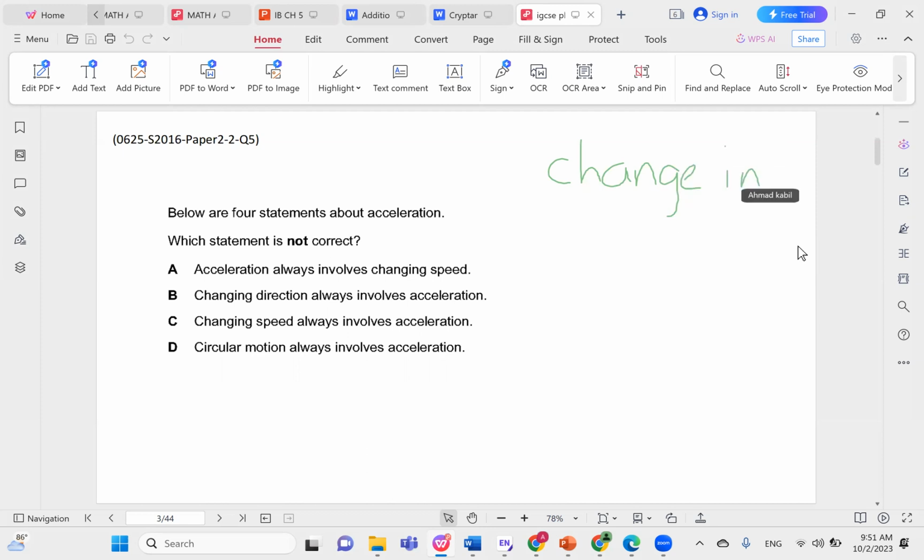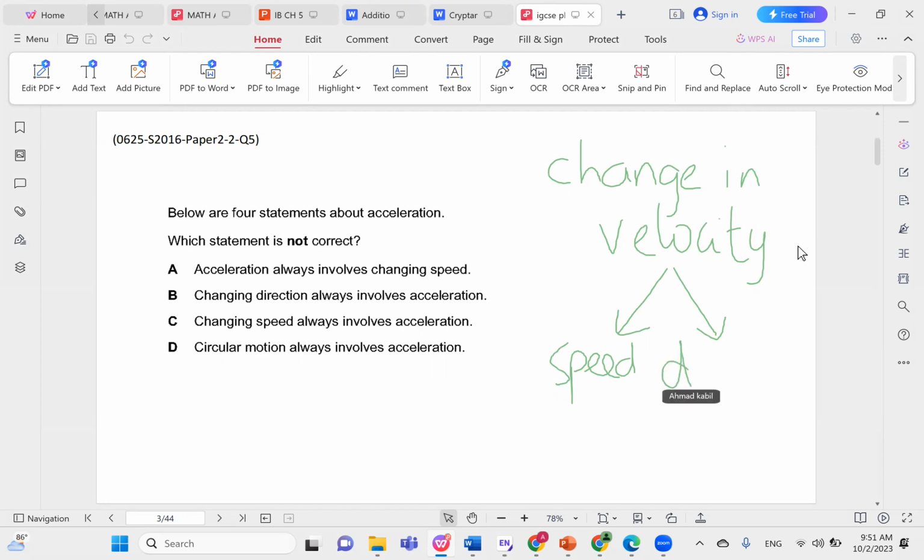in velocity. And velocity is not exactly the same as speed because it contains 2 factors: speed, which is the magnitude of the velocity, I'm moving at 100 kilometers per hour, for example, and direction.